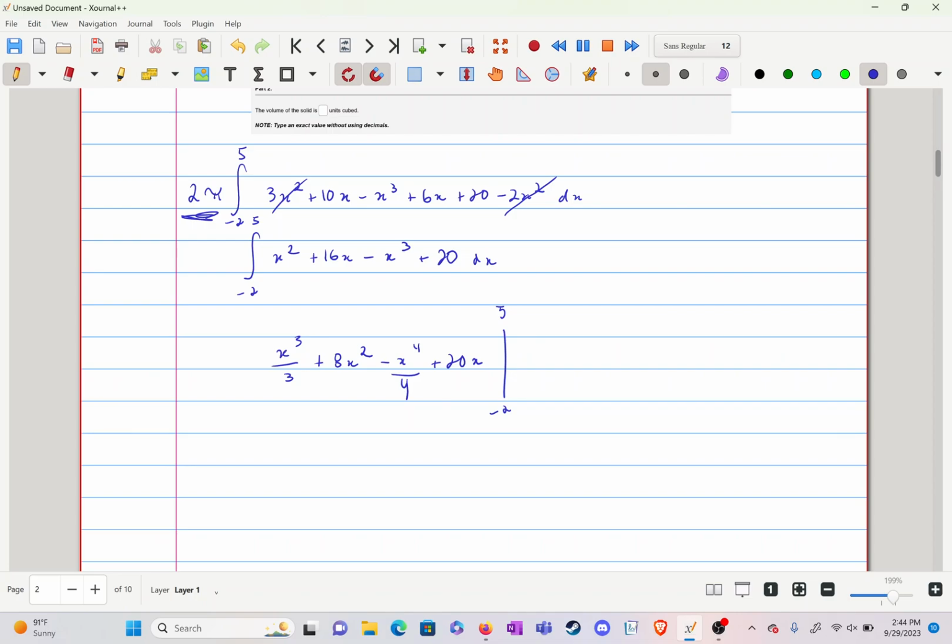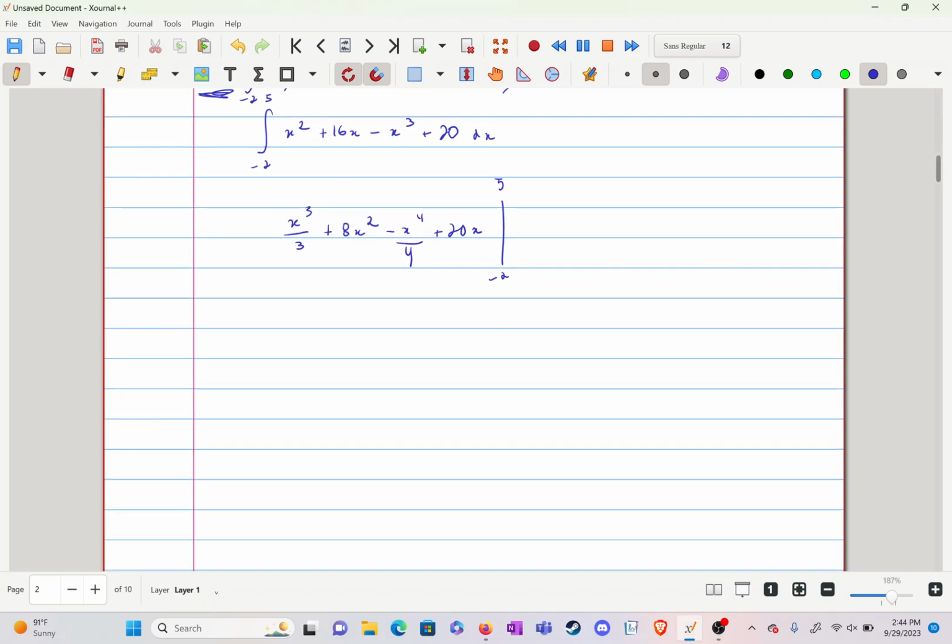But for now, calculator in hand, let's start with 5. We know 5 times 20 is 100. Boom, got that ready. So we have 5 cubed, which is 125, I believe. 125 over 3. Not divisible, unfortunately. 5 squared is 25. 25 times 8 is 200.